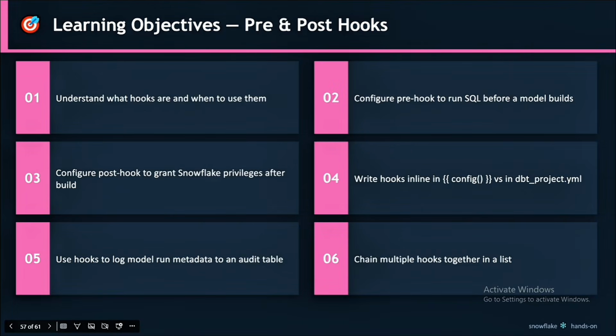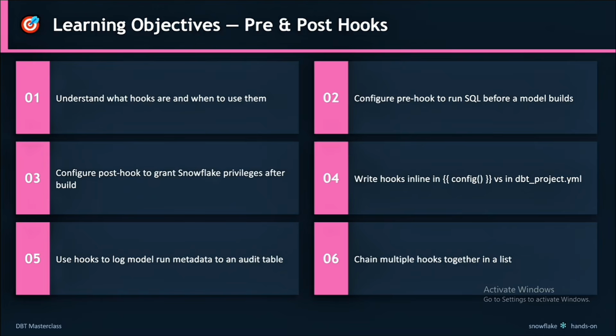There are a few learning objectives for pre-hooks and post-hooks. There are 6 final objectives for this course. First, understand what pre-hook and post-hook are, and the typical use cases for each. Second, configure a pre-hook to run SQL before a model builds: setting session variables, creating schemas, and configuring roles.